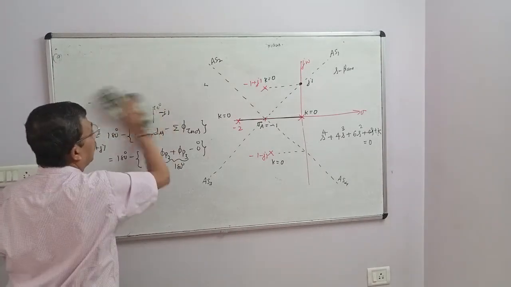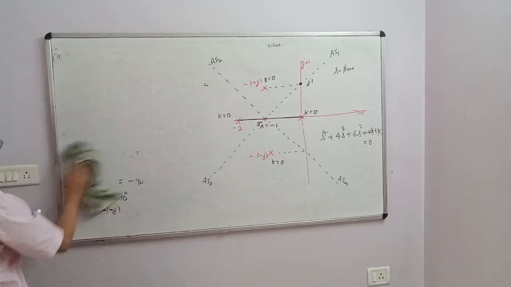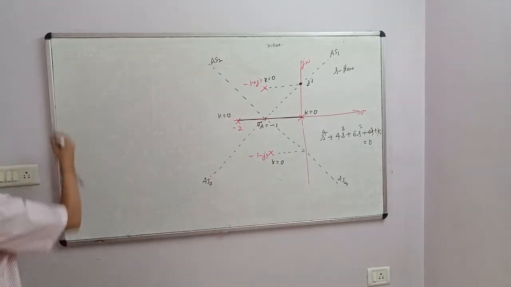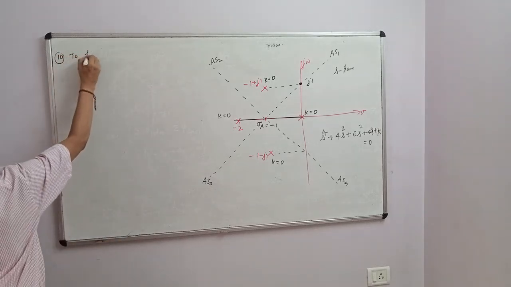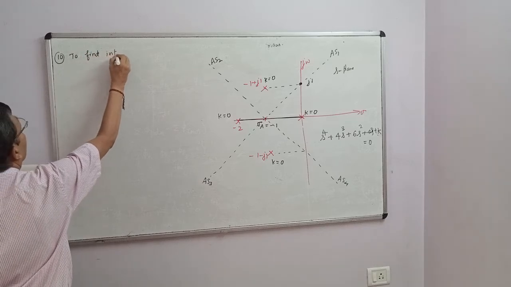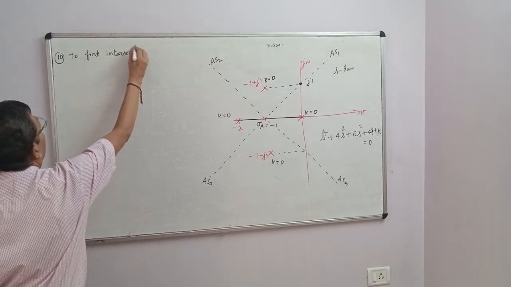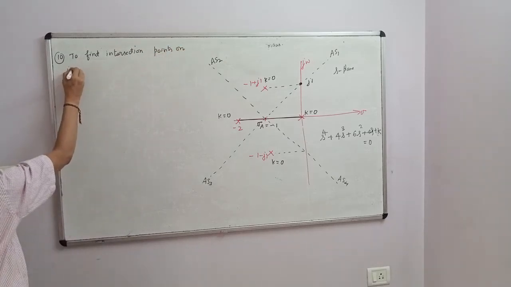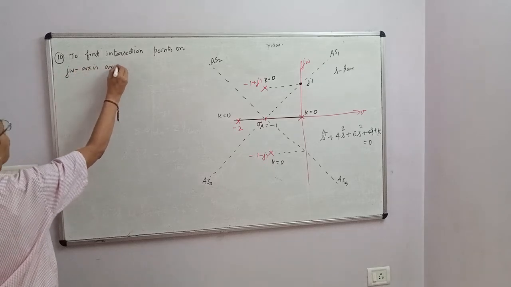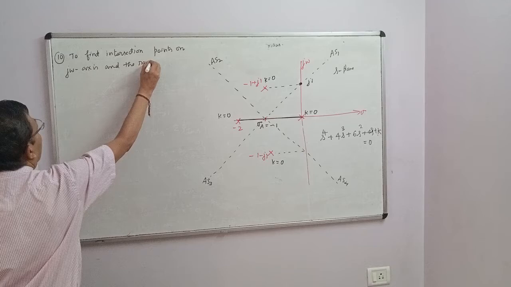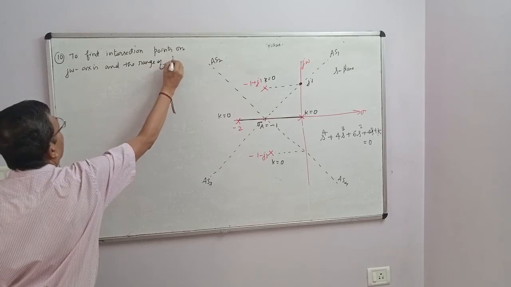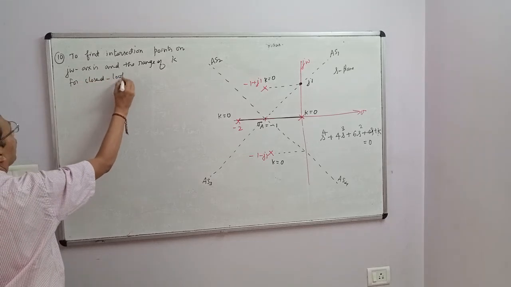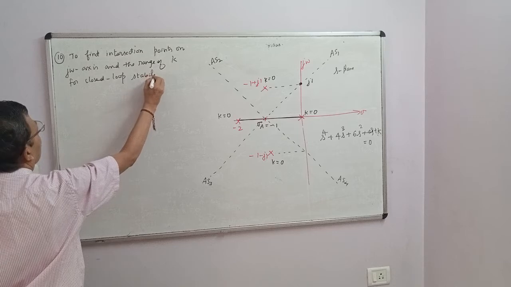Last one: to find the intersection points on the j omega axis and the range of k for closed loop stability.